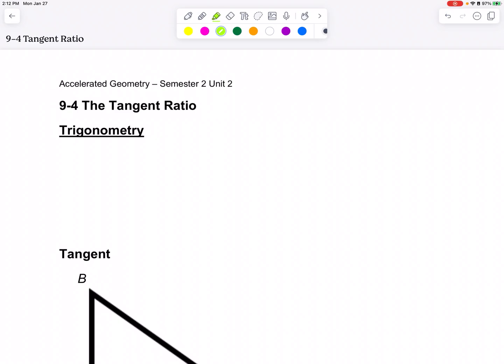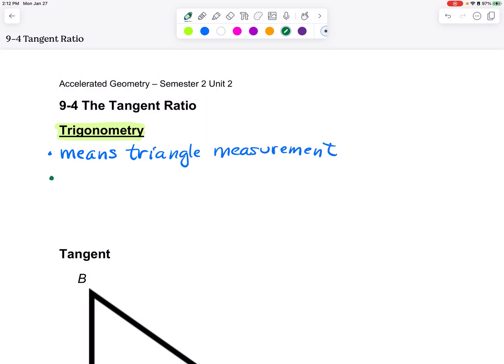Okay, here we are learning trigonometry. So, first and foremost, what does trigonometry mean? Trigonometry means triangle measurement. We use it to solve triangles.